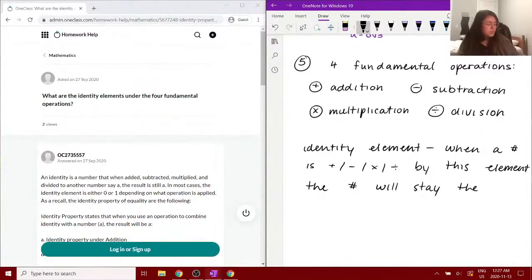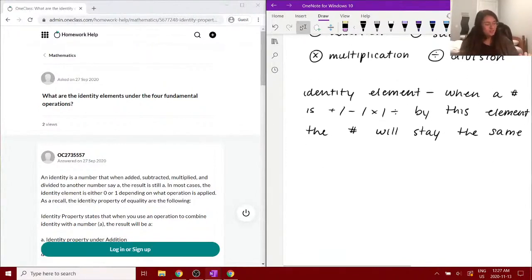So basically, the identity element will not change when being applied by or applied to a number. So identity element will not change the number it's being applied to. It's a better way to say it, I think.